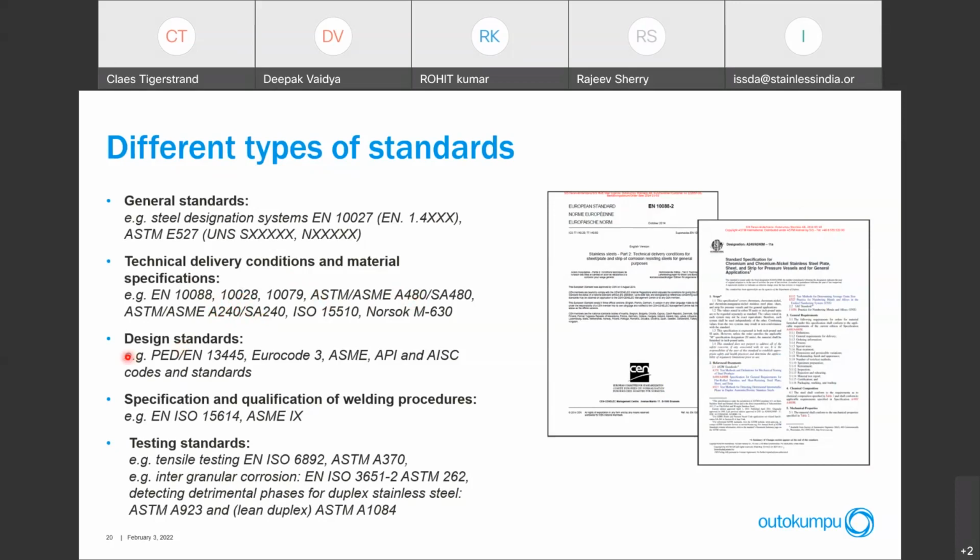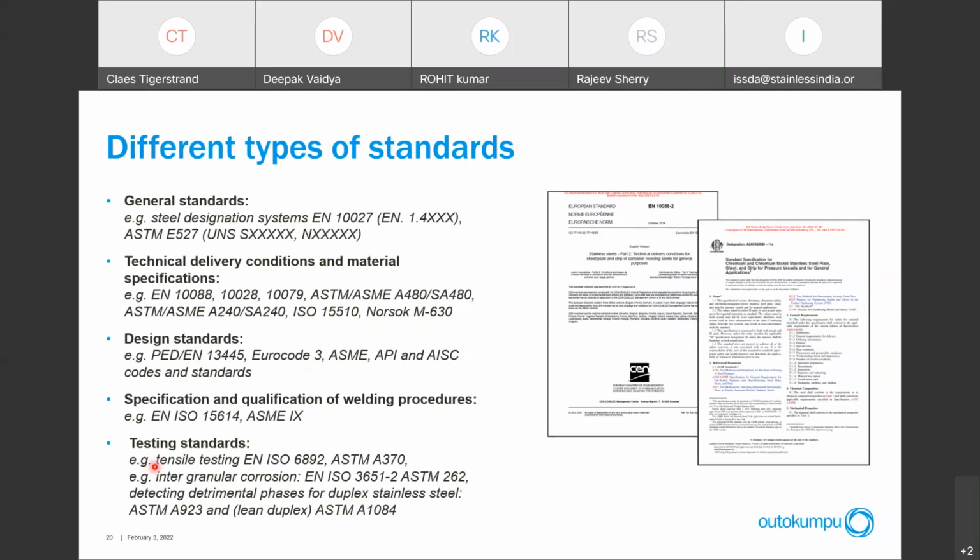Design standards as well, for instance pressure vessel standards and storage tank standards, are very important to make sure you can utilize our materials to the full extent. Then, of course, there are standards related to welding and welding qualification.